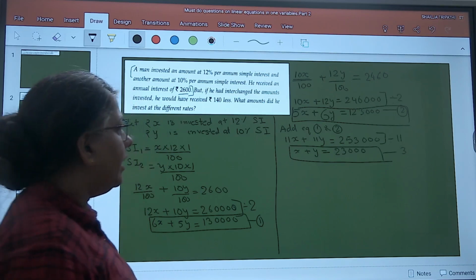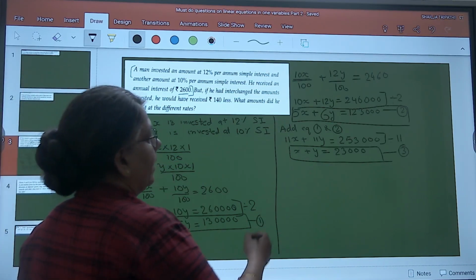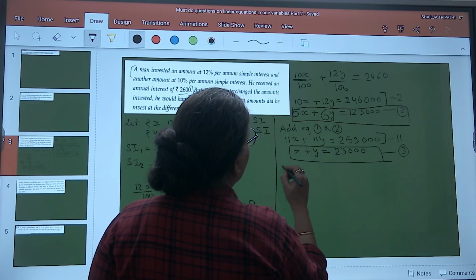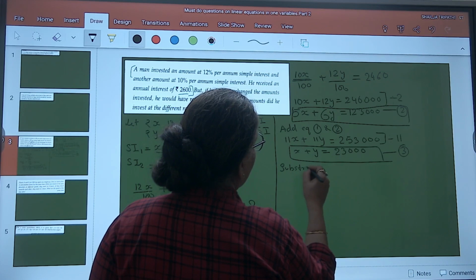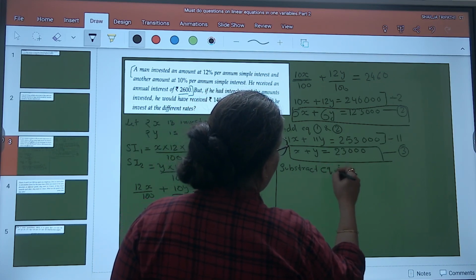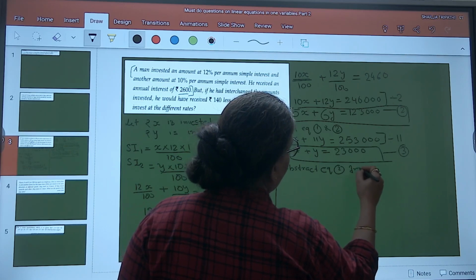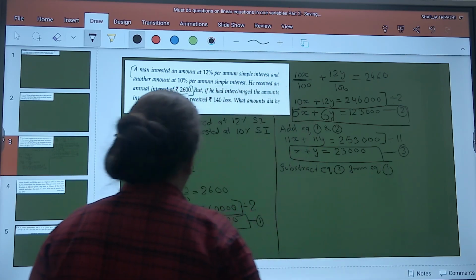Now subtracting equation 2 from equation 1. Subtract equation 2 from equation 1.